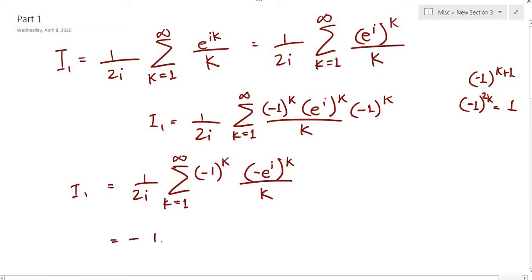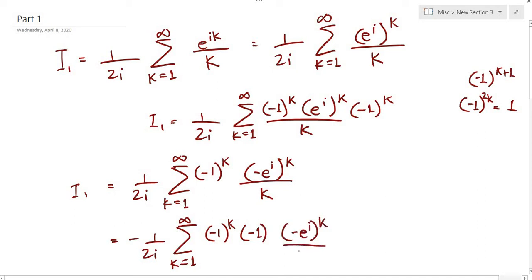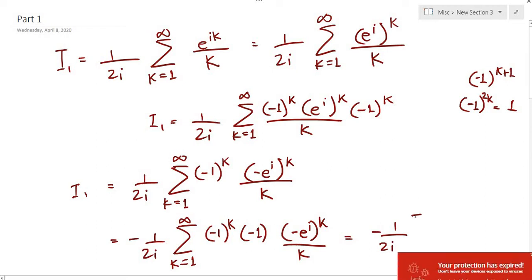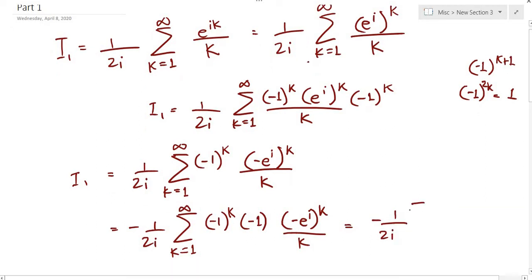So we'll have negative 1 over 2i times the sum from k equals 1 to infinity of negative 1 to the k times negative 1, and we have negative e raised to i to the kth power divided by k, and this you can simplify to negative 1 over 2i, sorry, negative 1 divided by 2i times the sum k equals 1 to infinity.